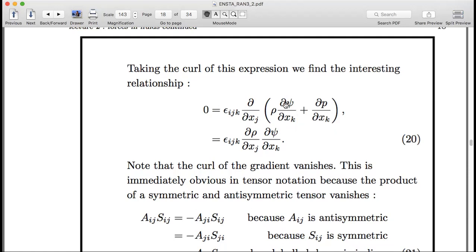You hold the rho constant, and then you have something that looks just like the P, which we said was 0. The other term is when you hold this thing constant, the gradient of psi, which you see here, and then you apply the xj derivative to the rho. So that's this term here. So that's all there is. And then we pause and interpret what this means.